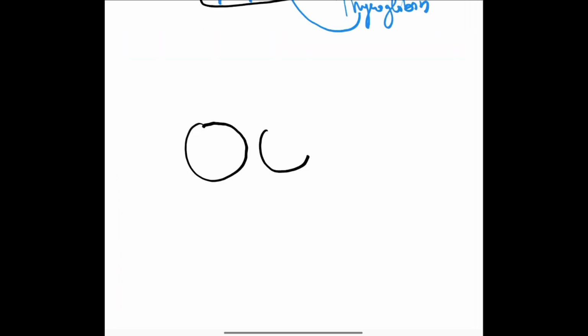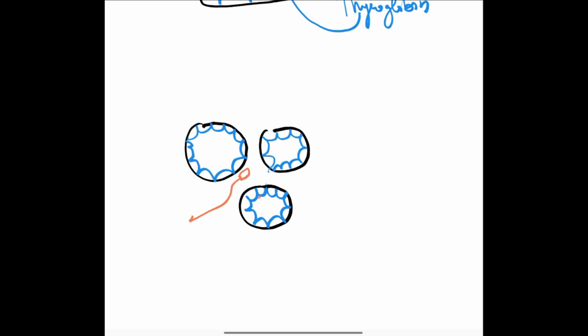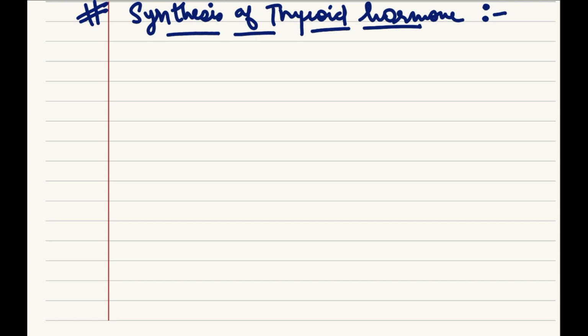Suppose these are our follicular cells. In between, in the interfollicular connective tissue, is the location of the parafollicular cells, which help in formation of calcitonin. And here is the location of blood vessels.